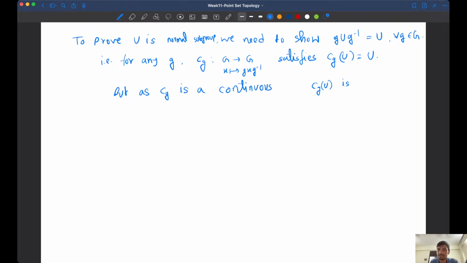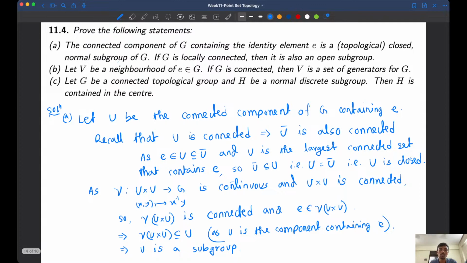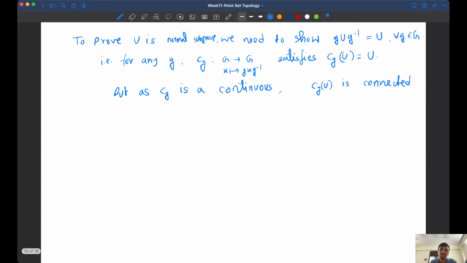This is connected, and definitely this e belongs here because U I started with the component, e contained in U. So this C g of e is e itself. So definitely e belongs to this connected set, and by maximality this implies C g of U is contained inside U, right?